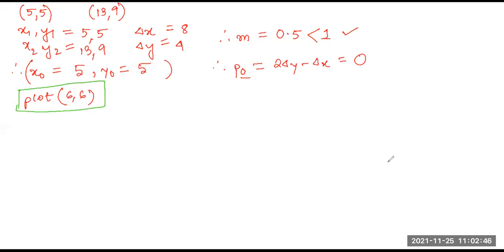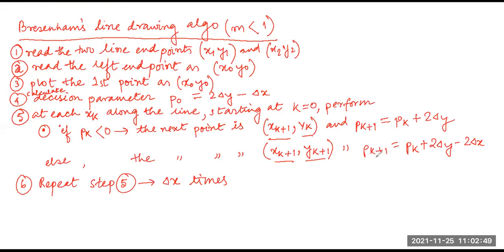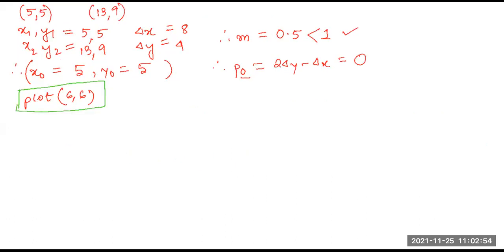With this, your value of P will be updated: old P plus 2 del y minus 2 del x. Starting from P0, now it is P1. Del y and del x values you already have, so the value is -8.